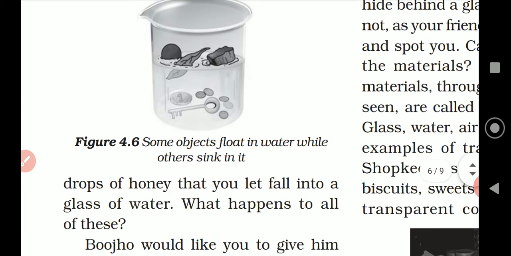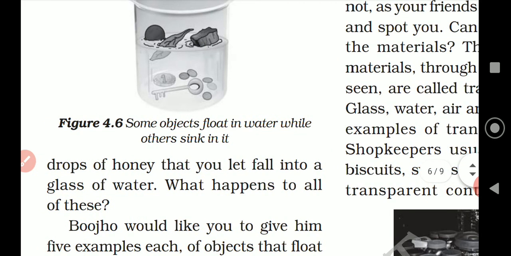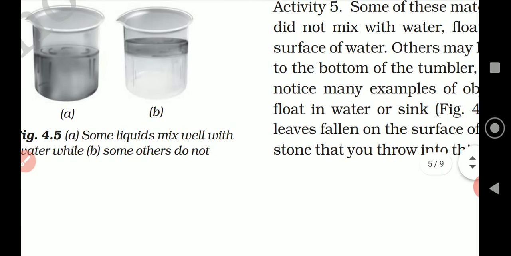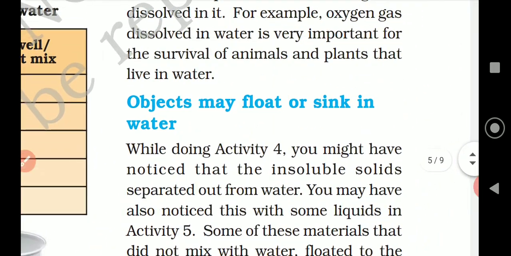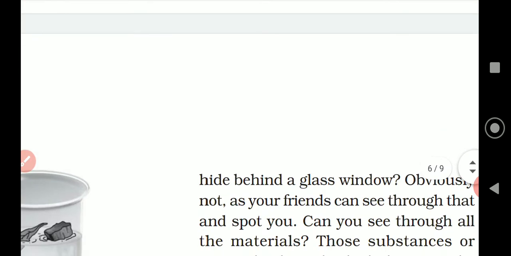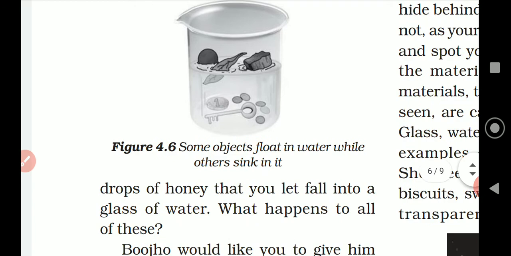Do they float or do they sink? As soon as you put the stone into the water, it drops. It just disappears, right? So the stones that you throw into the pond, what happened to the stone? They just sink into it.